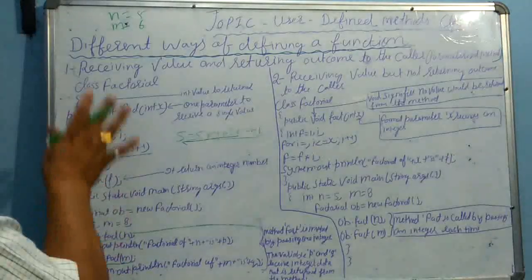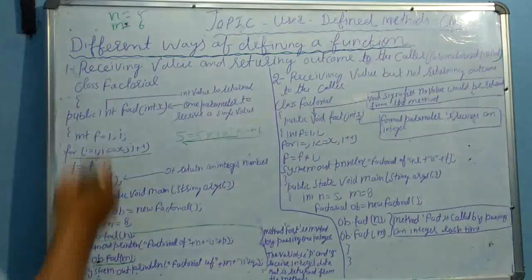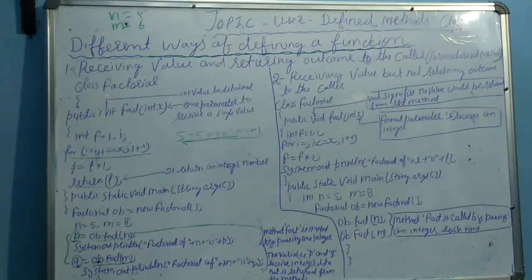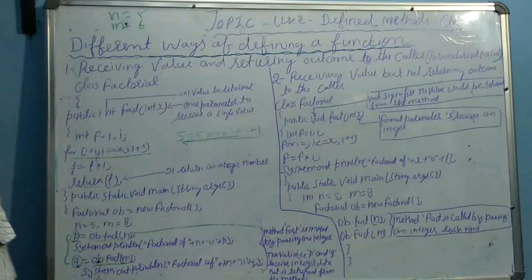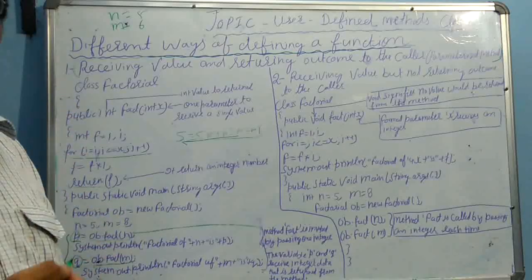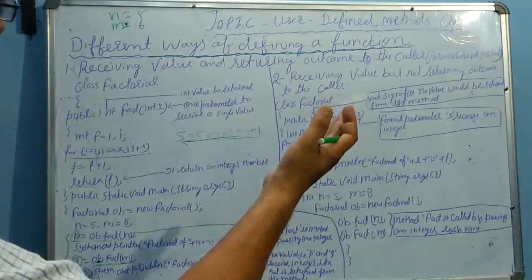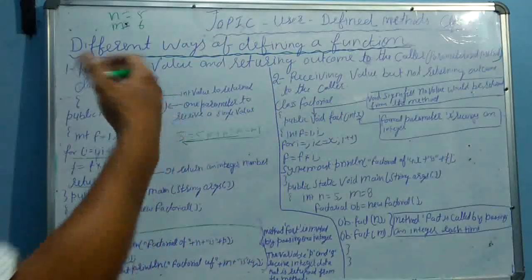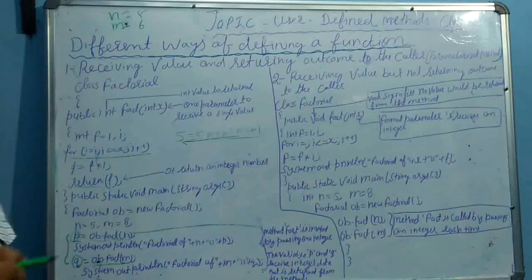I think all the students understand how it works when we use receiving values and returning an outcome to the caller, or the parameterized method. In the exam you may have to make a program for the parameterized method, then you can use the method like this.